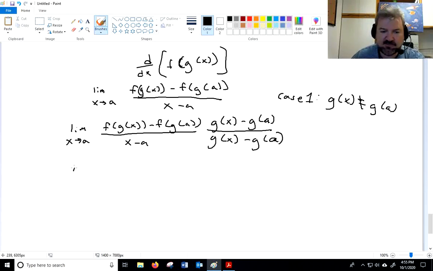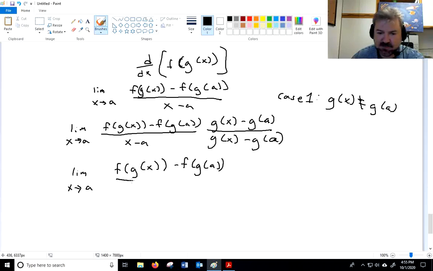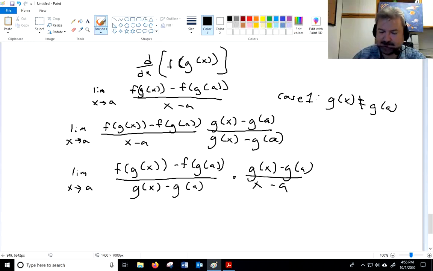Now I'm going to use the commutative property of multiplication, and I'll leave the top the same. And this will be f of g of x minus f of g of a over g of x minus g of a, times g of x minus g of a over x minus a.